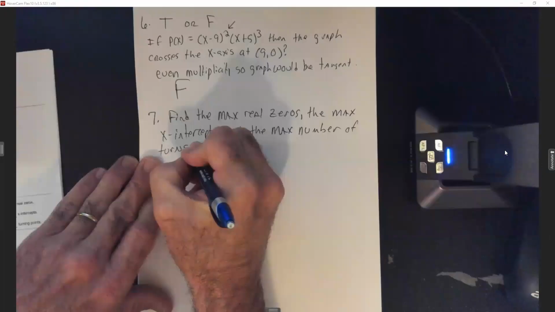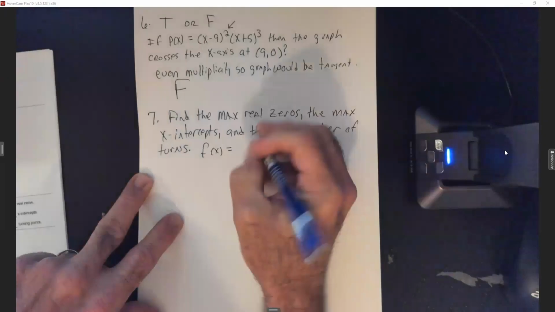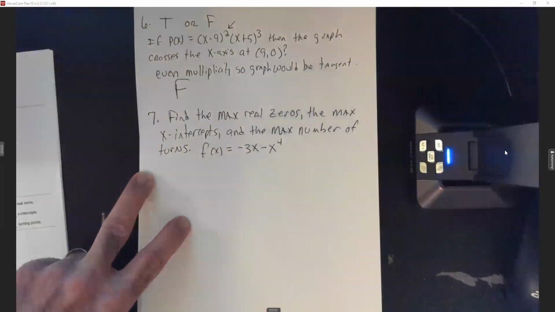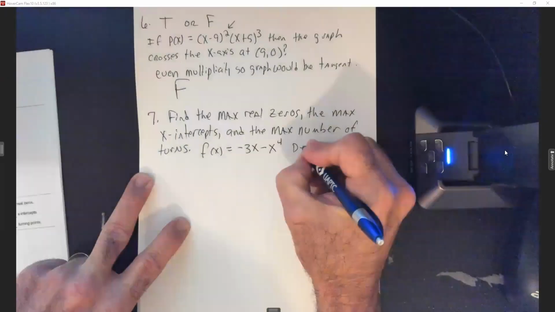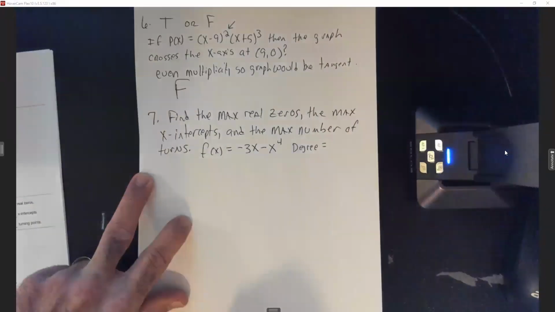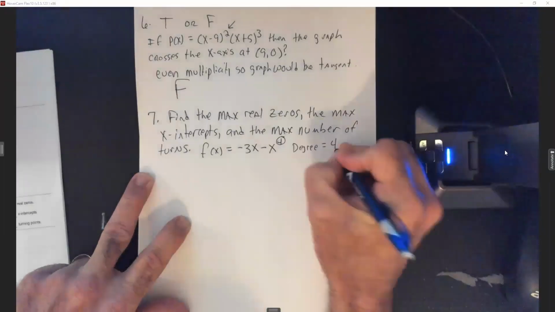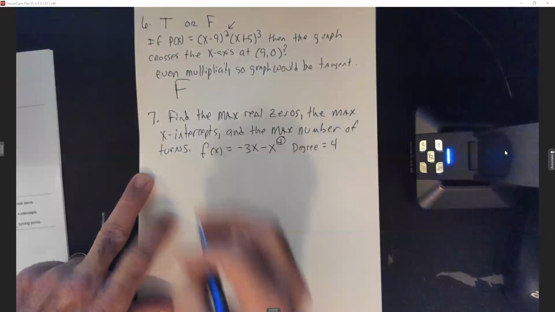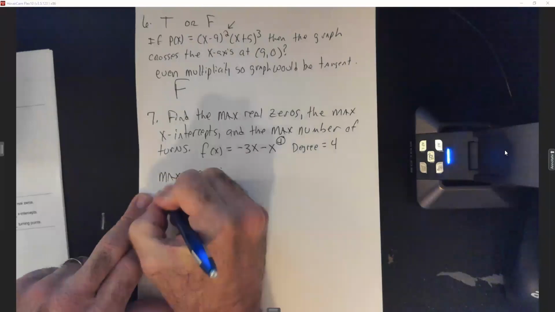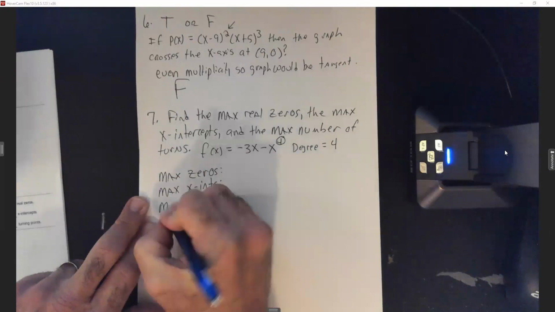So they're giving you f of x equals negative 3x minus x to the 4th. So the thing you needed on this problem was what is the degree of this polynomial? And remember, the degree is the highest exponent, which is the 4. So that is a degree 4. So let me write down these 3 things here. I got my max zeros, my max x-intercepts, and then my max turns.